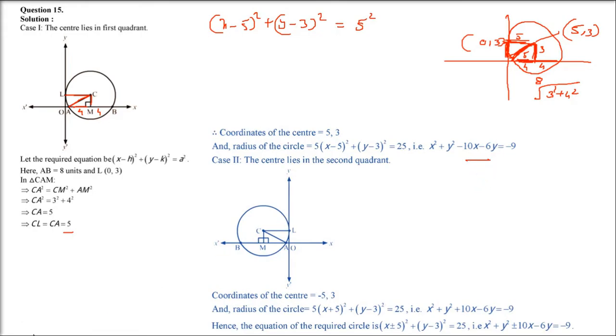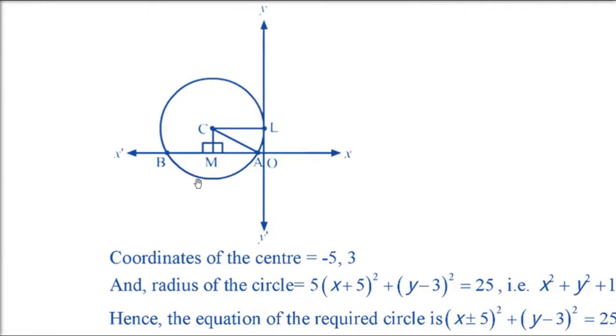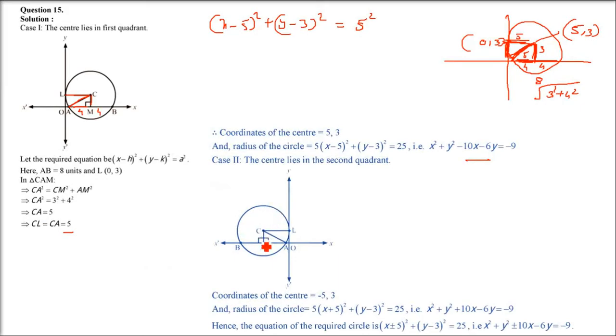And the second part of this, I'm doing just on the left hand side, because we have to answer both possibilities. Everything remains the same. 0, 3 on the y-axis will always remain. The x point will change. Because it is on the negative side of the x-axis, it will be not 5 but minus 5.